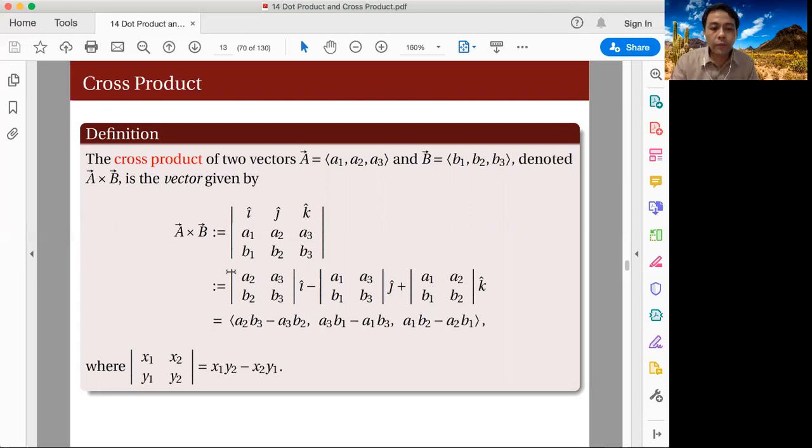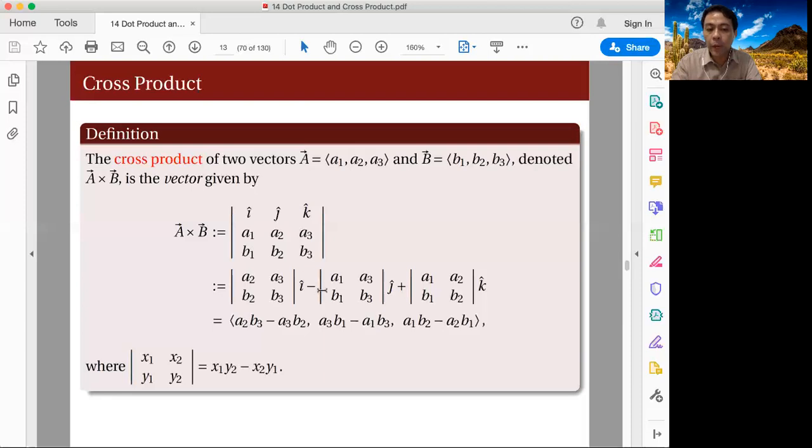Now, the two bars containing your array of numbers, or your matrix, is called the determinant of that matrix. So to get the cross product of A and B, first we take the determinant of the last two columns. And then minus, so it's like we cover the middle column and get the determinant of the first and the last column.